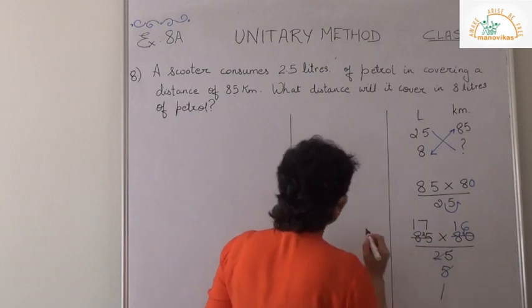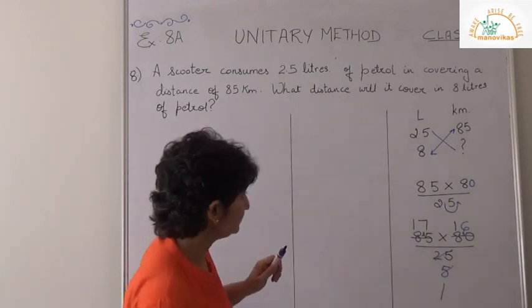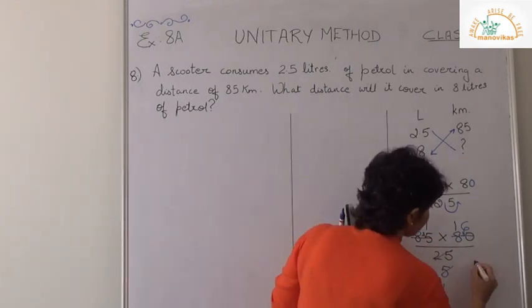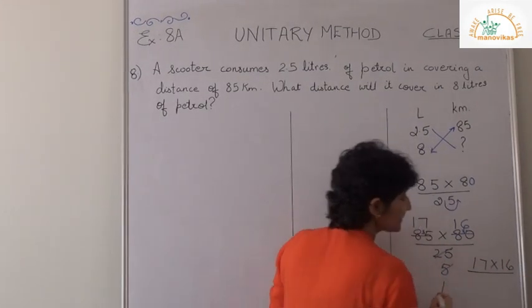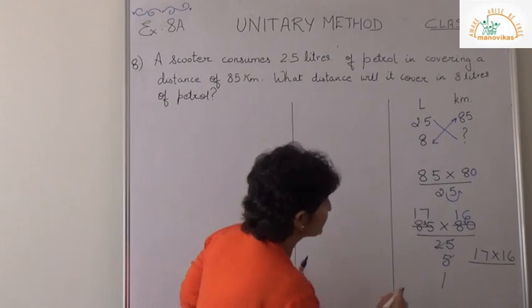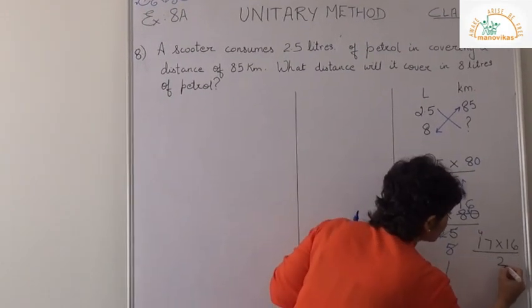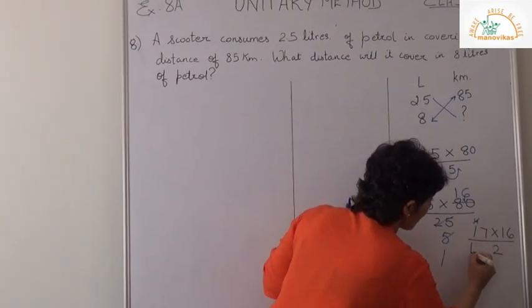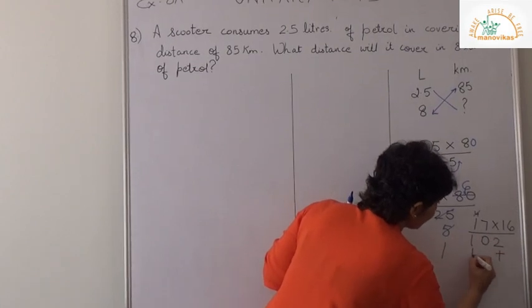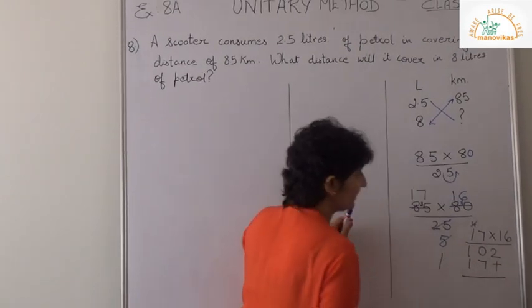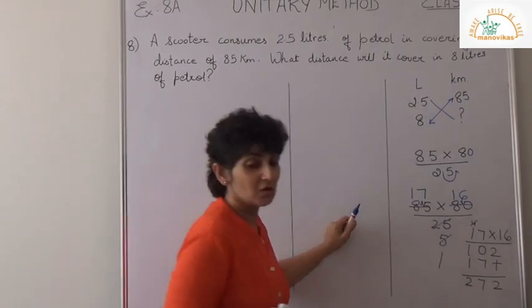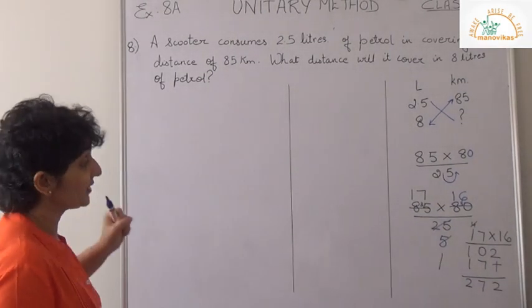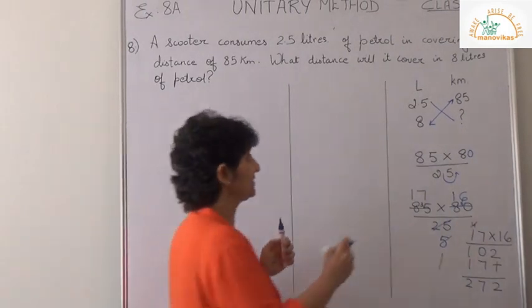So when I multiply 17 by 16, 6 7s are 42. 6 1s are 6 plus 4 gives me 10. And I get 17 here. So it is 272. So my answer is 272 kilometers.